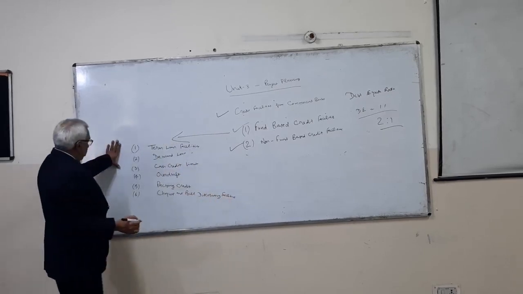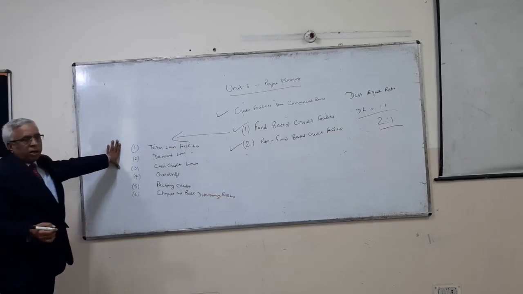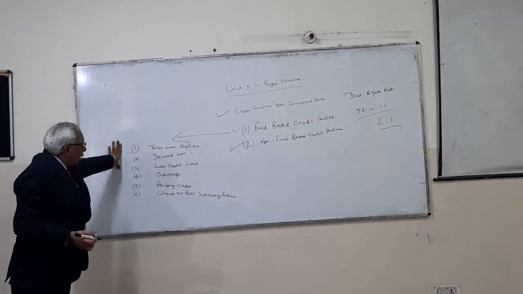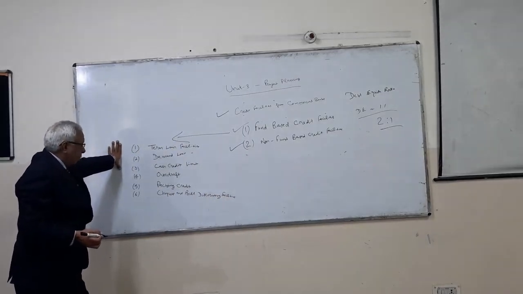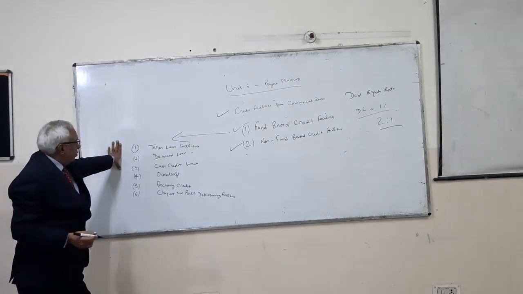Generally, these are six broad credit facilities which are provided by the banks. Now we'll discuss them one by one.